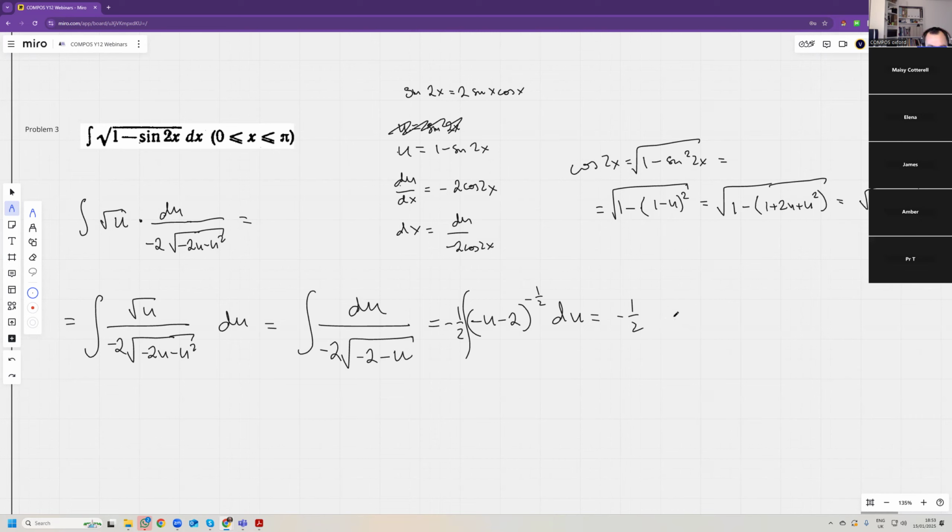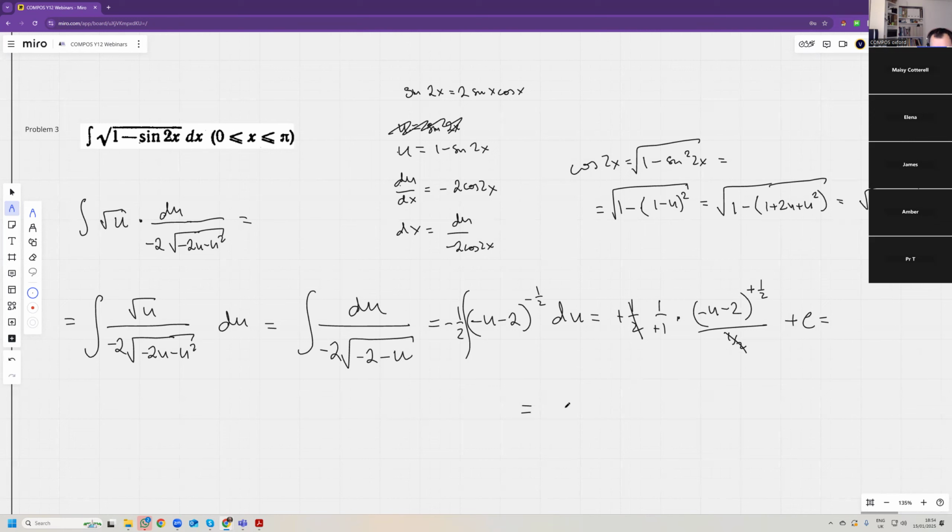No. Multiply 1 over minus 1 multiplied by (minus u minus 2) to the power plus 1/2 divided by 1/2. So 1/2 cancels, the minus cancels, plus c.